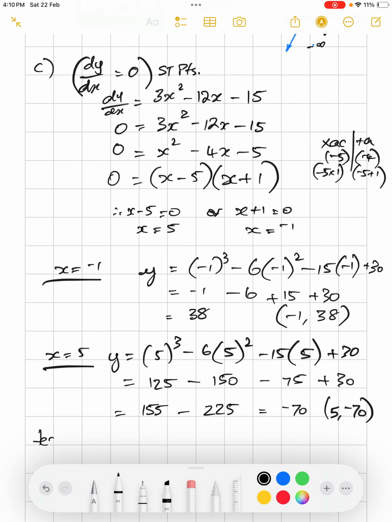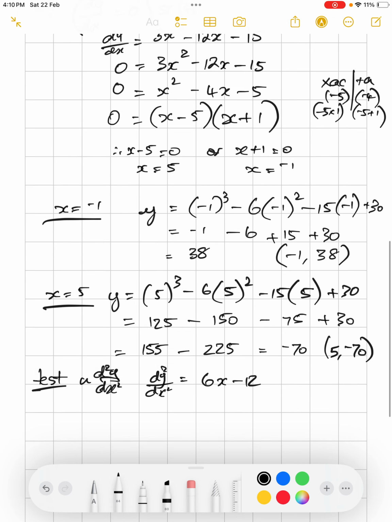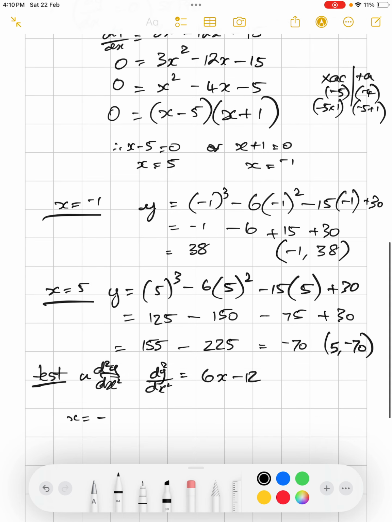We test those in the second derivative to see if it's positive or negative. So the second derivative, d2y dx squared, will be, there's the first derivative up here, so it's 6x minus 12. So when x is negative 1, our second derivative is negative 6 minus 12, which is negative 18.